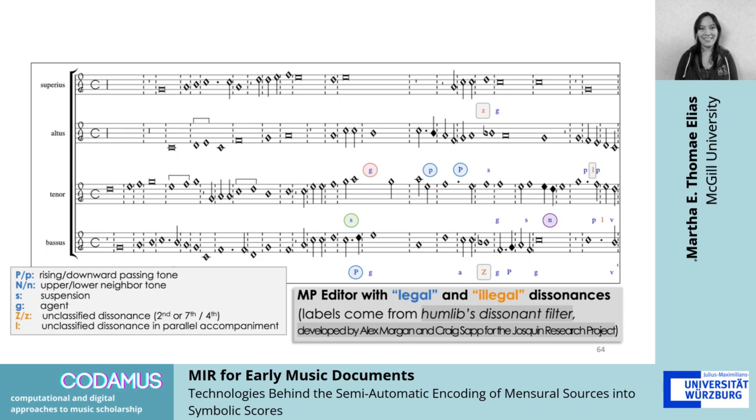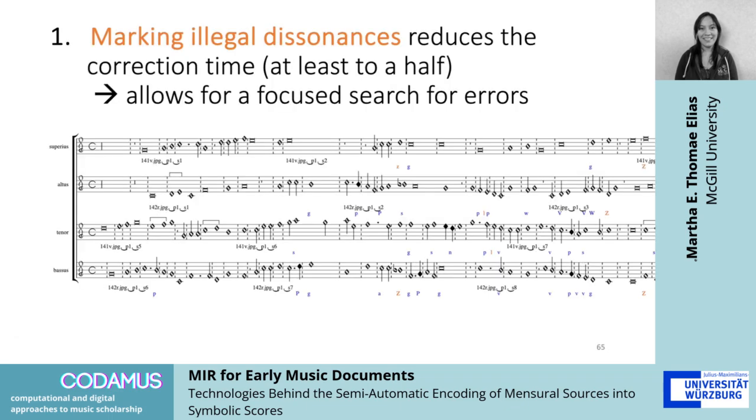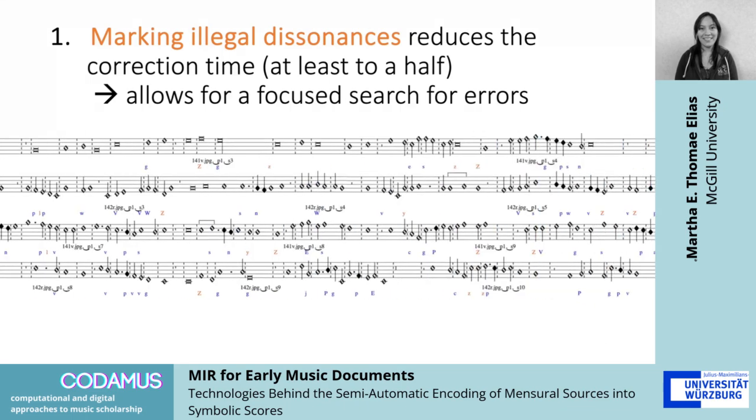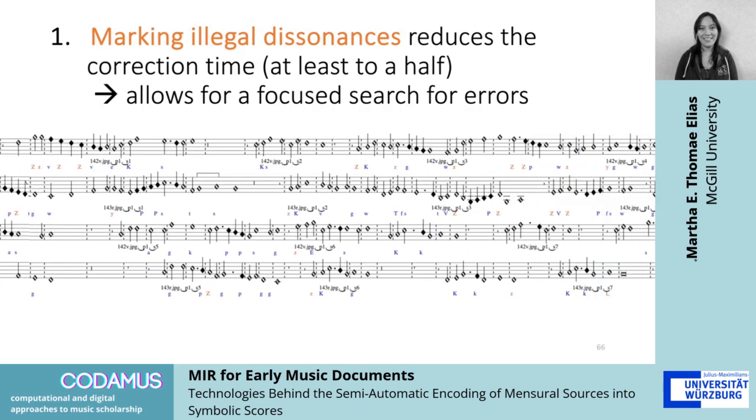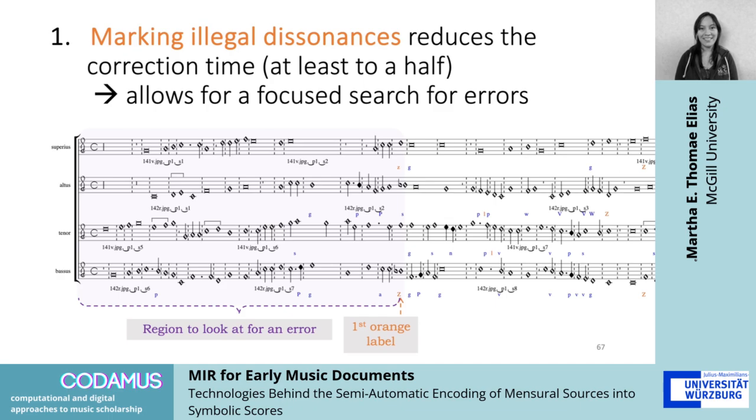And we evaluated that with a subset of the pieces in another publication, and discovered that yes, indeed, marking the illegal dissonances reduced the correction time. Rather than going through this whole piece to find out what is messing up the alignment and why the notes don't end at the same time, you can just focus your search on basically all the notes preceding the first orange label.